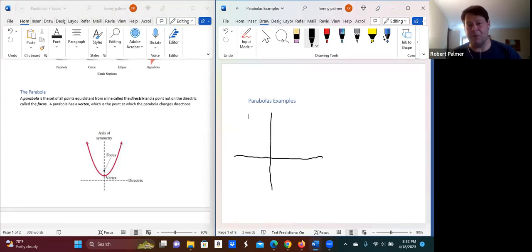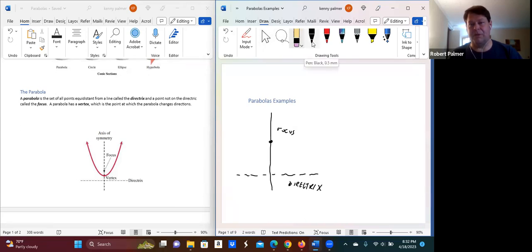Here is my focus, and this line here is what's called the directrix. Now, what being equidistant means is something like this. Maybe I should get rid of this axis here. This might be simpler like this.